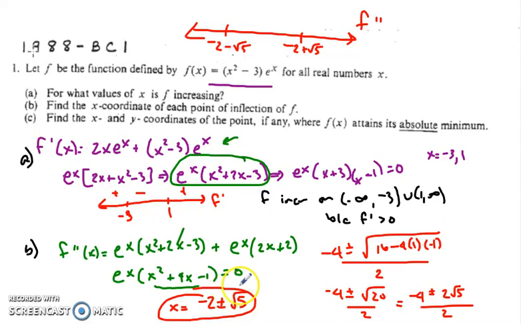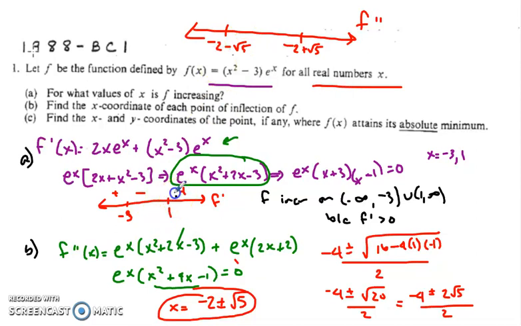Now, I need to know where my function attains its absolute min, which is either going to happen at a local min or an endpoint. Well, here's the problem. There are no endpoints to this function. The function is continuous across all real numbers. So the only place where I can have an absolute min is at my local min.